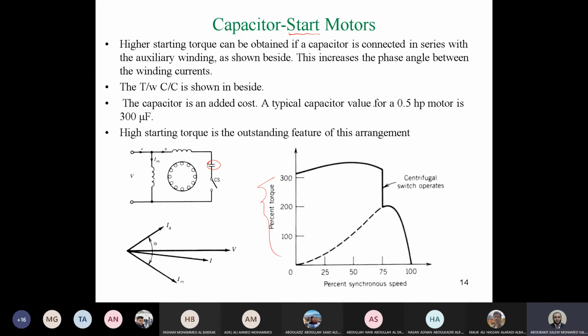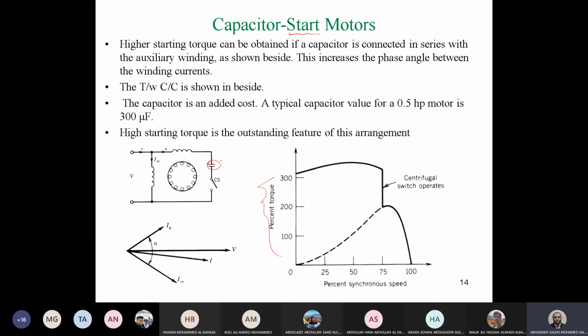A typical capacitor value for a 0.5 horsepower motor is around 300 microfarads. The voltage rating may reach around 400 volts for this type if we use a 220 volt supply, because of the transient problem, the voltage here will be higher.